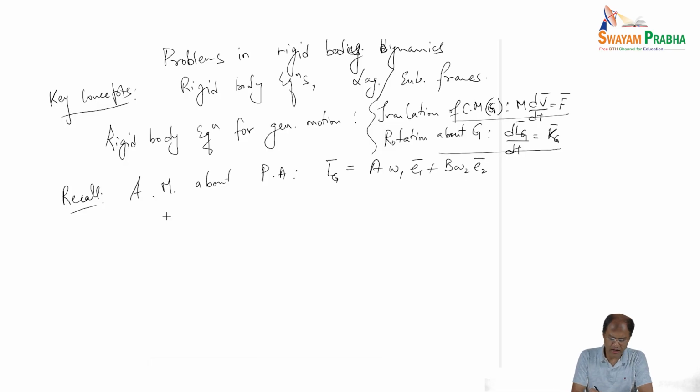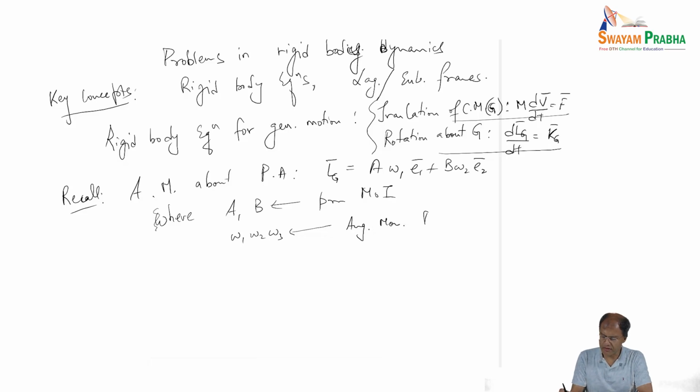And then, A and B are the principal moments of inertia, and omega 1, omega 2, omega 3 are the angular velocities about the principal axis, right?